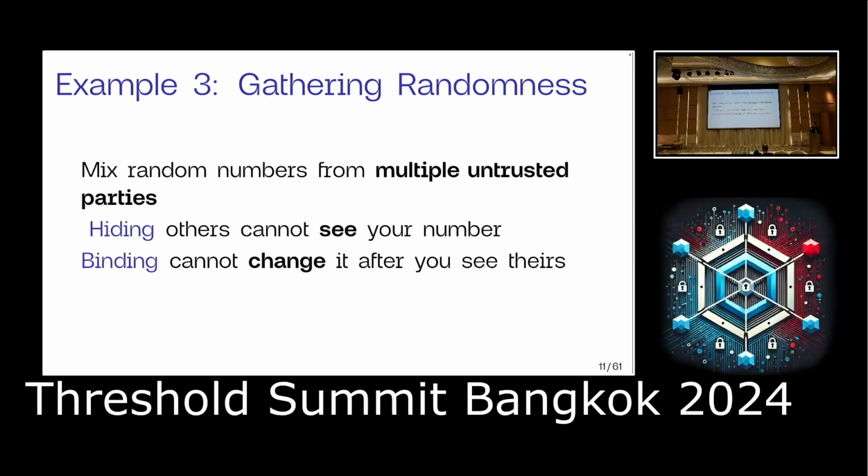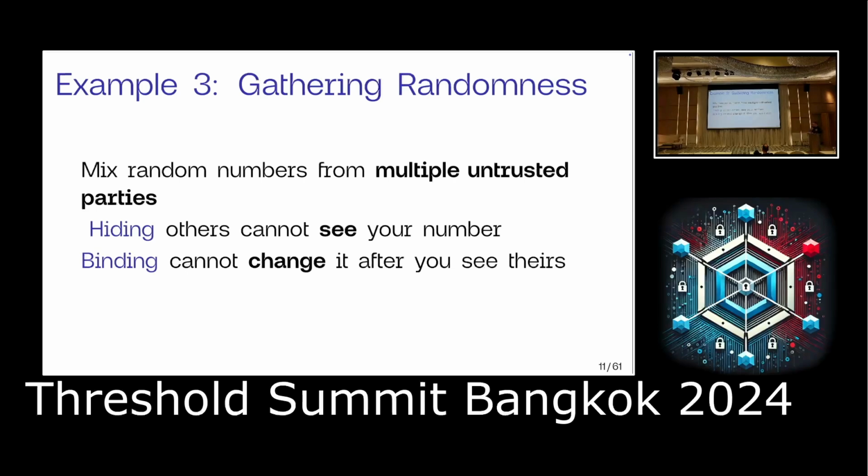The idea is if at least one of the parties is not cooperating with the others, they will have a random number which will be mixed with whatever the other parties give, and the result will also be a random number, mixed with XOR, for example. And again, we're using the properties of the commitment scheme, which is that we hide our random values while people are committing to their own, and then later we reveal it.